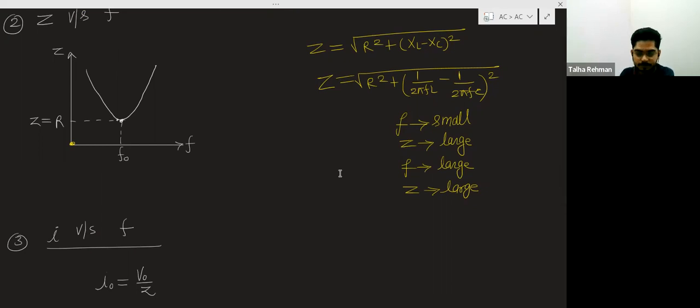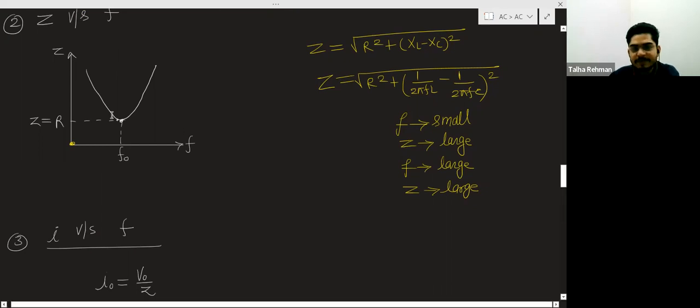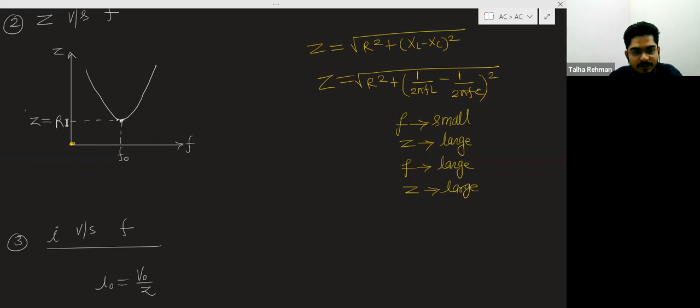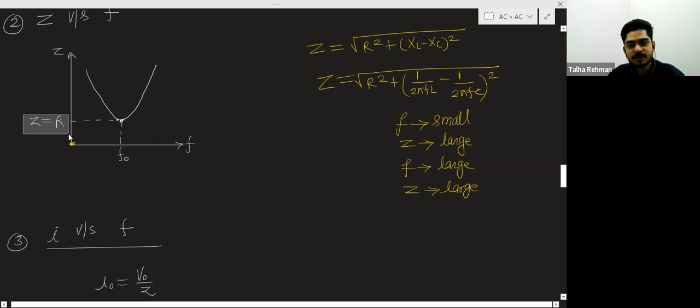But there will be a frequency at which this value becomes equal to this value, and here the impedance of the circuit becomes minimum, that is z equal to r. So basically this graph will be like this.